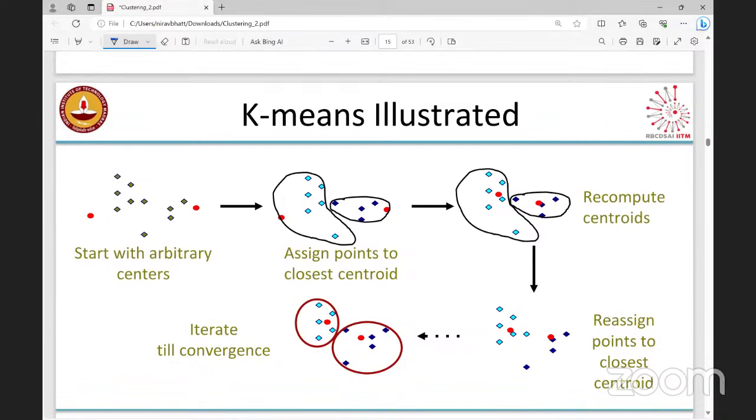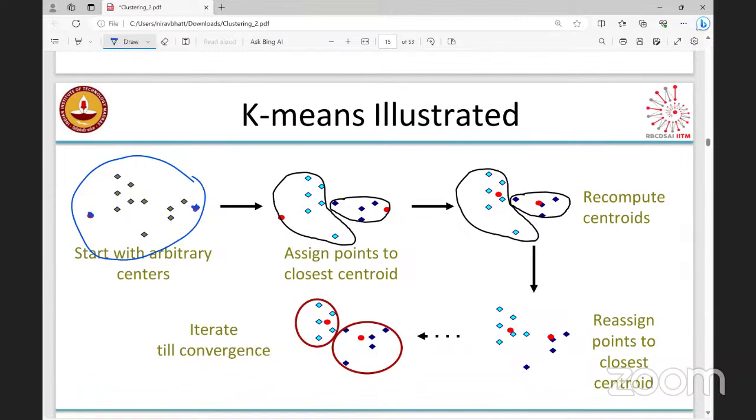So I have given you a set of data points here. What I will do is arbitrarily take 2 data points and assign them as the centers of my clusters.